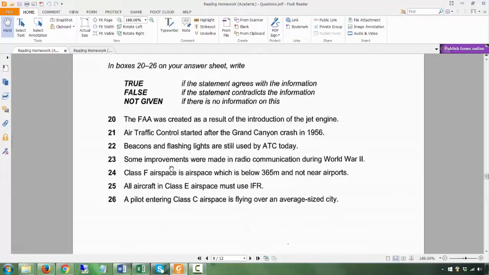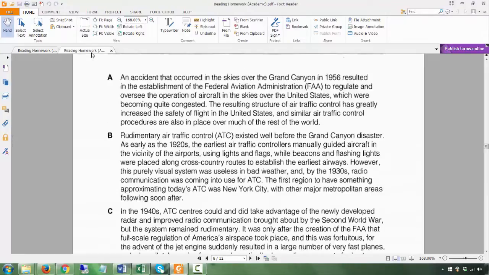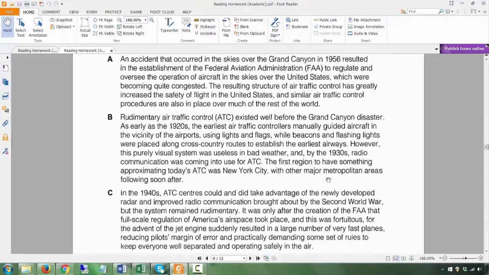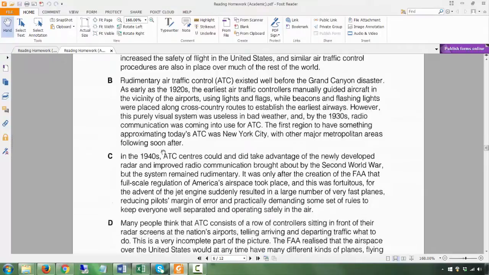Some improvements were made in radio communication during World War II. Okay, some improvements were made in radio communication during World War II. And the answer, let's talk about during World War II. Okay, in the 1940s, ATC did take advantage of the newly developed radar and improved radio communication brought about by the Second World War.